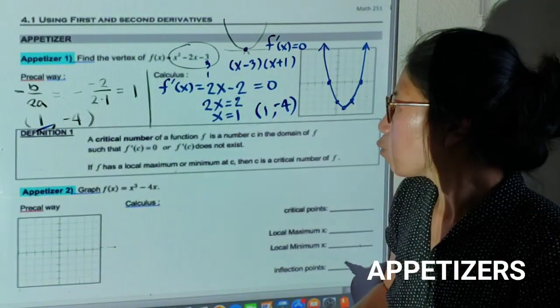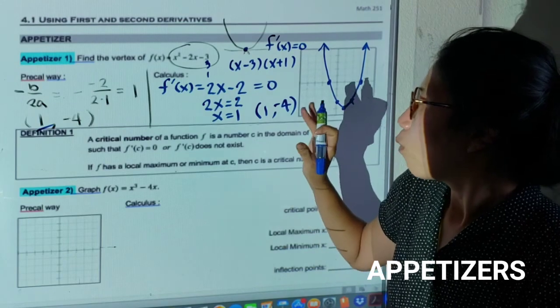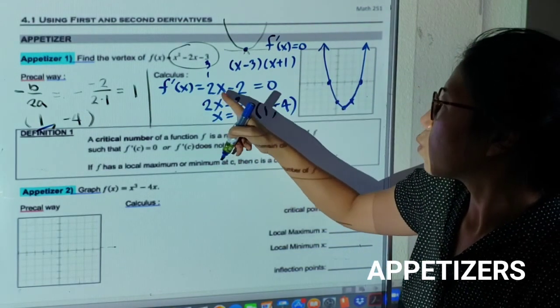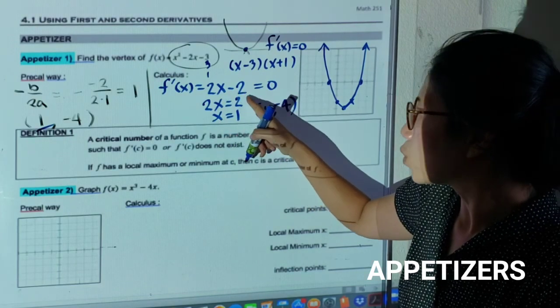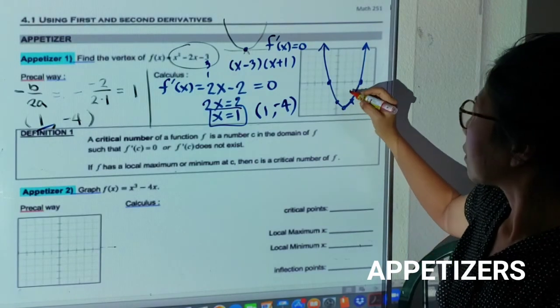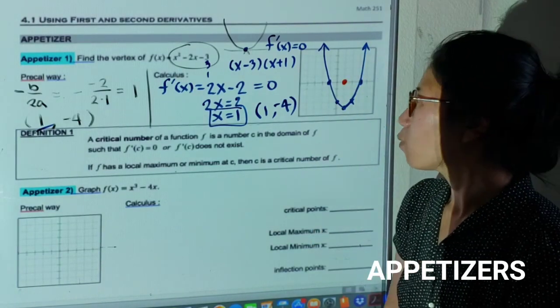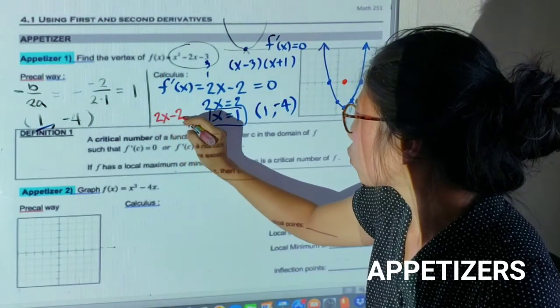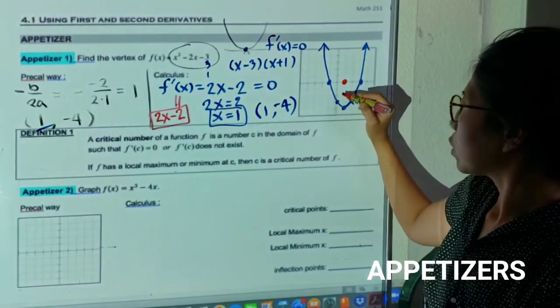But from here, what we need to learn is what it's going to look like in your derivative graph when you have 2x minus 2, which means when x is equal to 1, what happened? Do you know how to graph 2x minus 2, which is our derivative function?